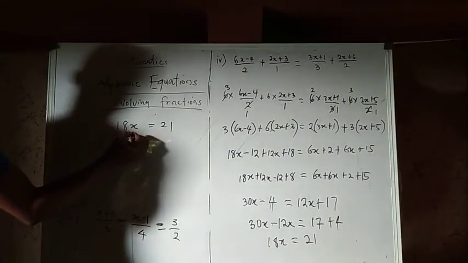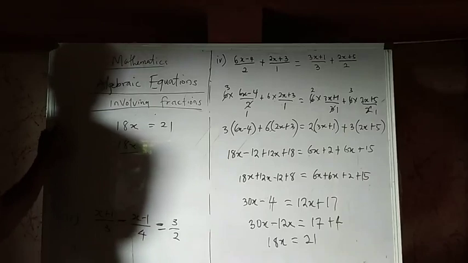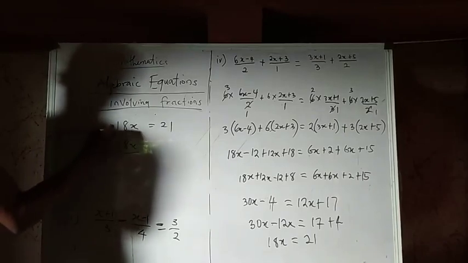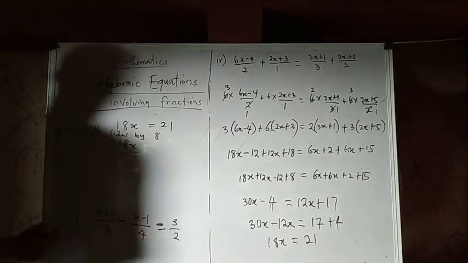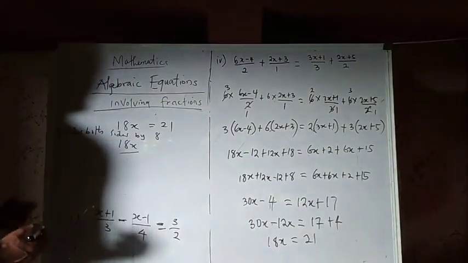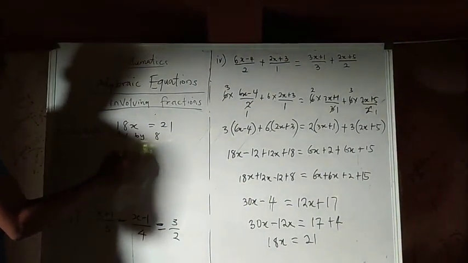To get x alone, we are going to have to divide both sides by 18. Now you see, this comment, although I skip it a lot, is very important as it guides you as you solve your maths, so that you know what to do next per time.